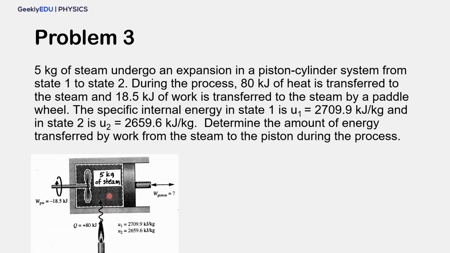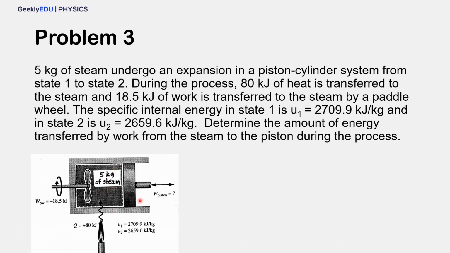So we know that the heat is transferred from the outside into our system, so it's a positive heat transfer. Also, the work is done by the paddle wheel on our system. In this case, it's a negative work, alright?